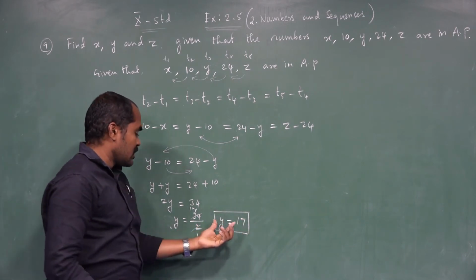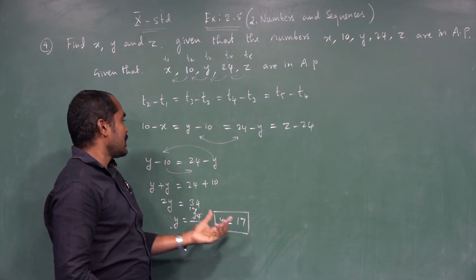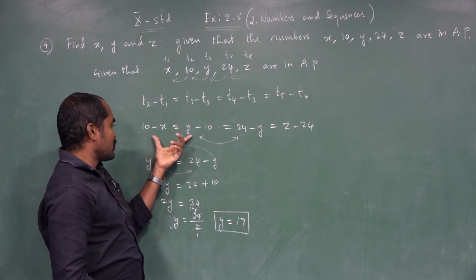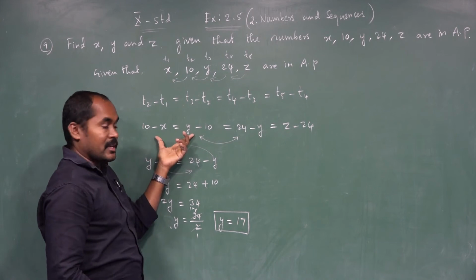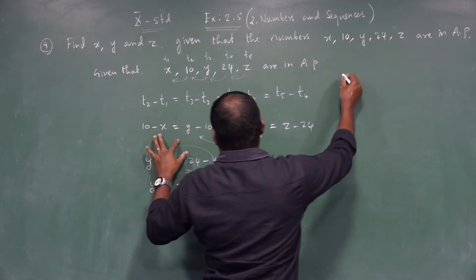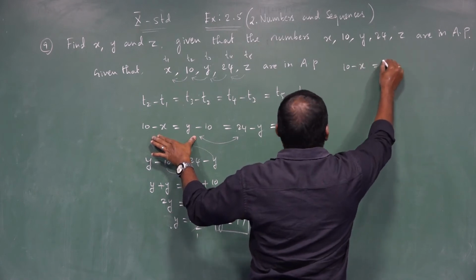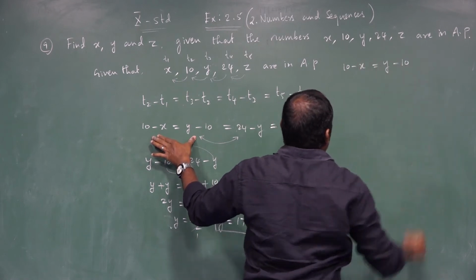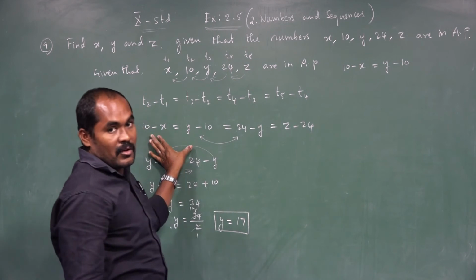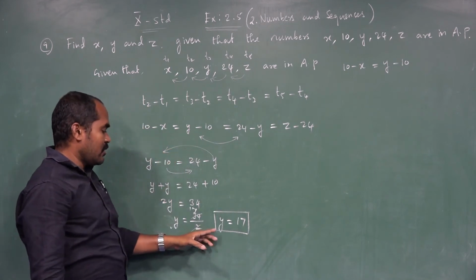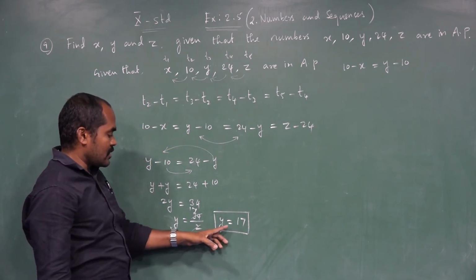So use the value of y, 17, in the first two, equating the first two expressions. We get 10 minus x equal to y minus 10. Right? We know y value is 17.